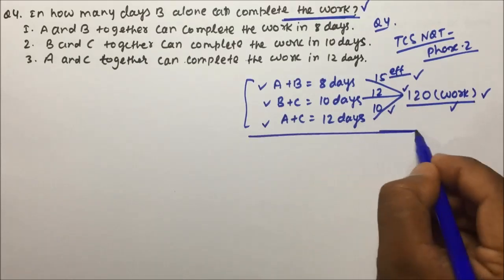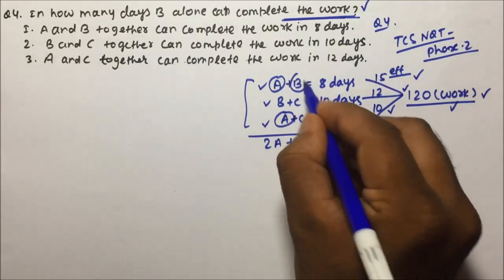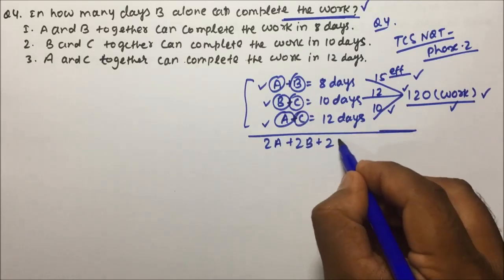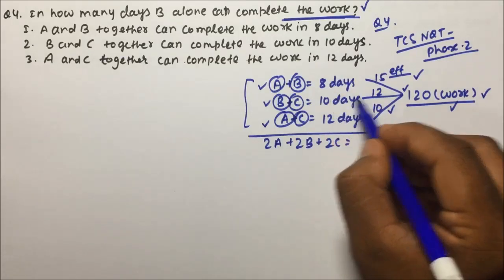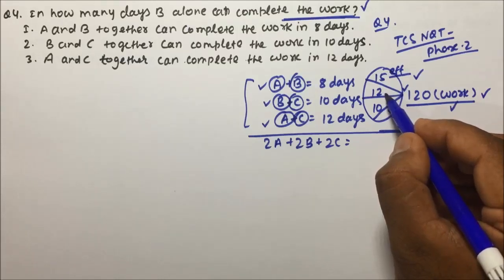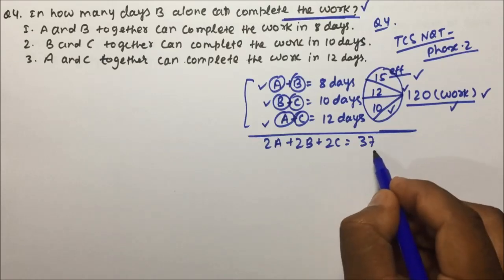Now if I add these, you see 2A are there, then 2B, and then 2C. So 2A plus 2B plus 2C is equal to, if you add the efficiency, 15 plus 12 is 27, 27 plus 10 is 37. So their efficiency will be 37.